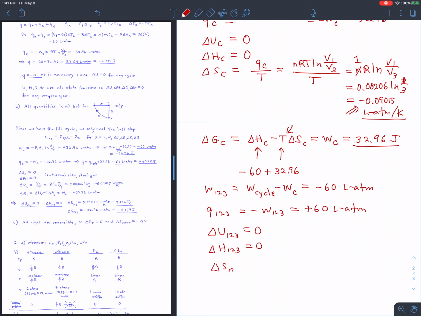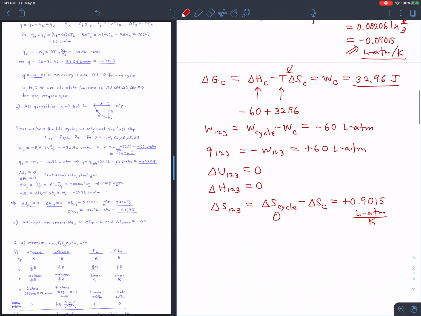Delta S for 1, 2, 3 is equal to delta S for the cycle, which is 0, minus delta S for C, and so that is equal to plus 0.9015 liter atmospheres per K. And we can convert that, times 101.3 to convert that to joules per K, which is the more usual unit. That's 9.132 joules per K.